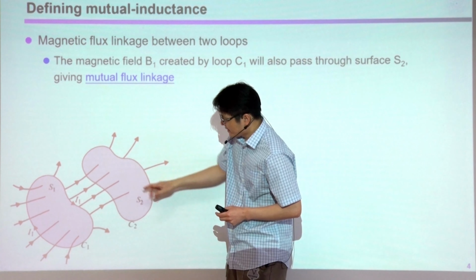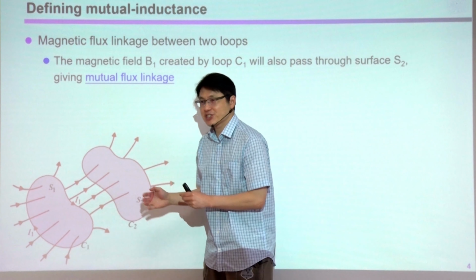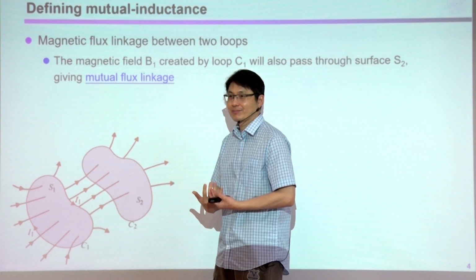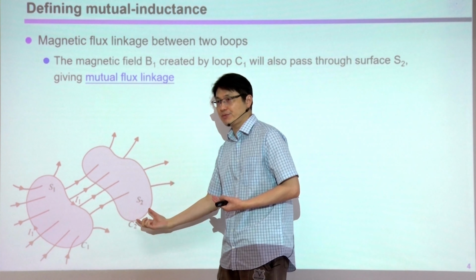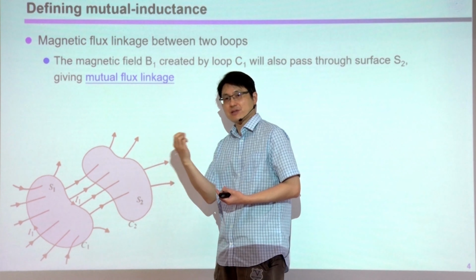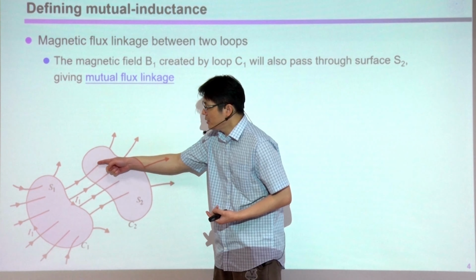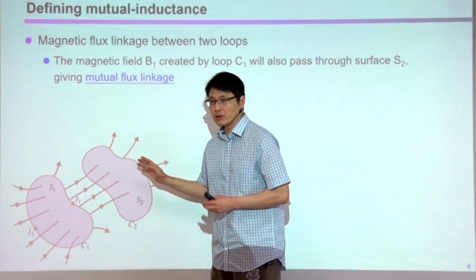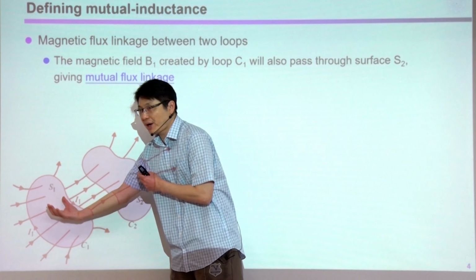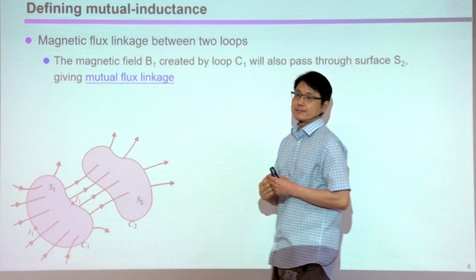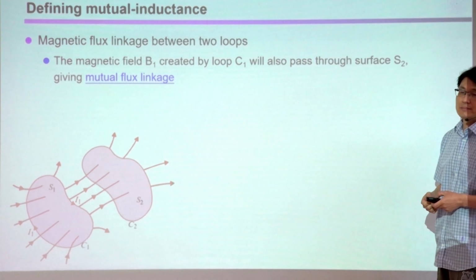So in this case, even though the second loop is not really operating, you don't have current. The current value on C2 is 0, but it still shares some field lines generated by the other loop. Okay?